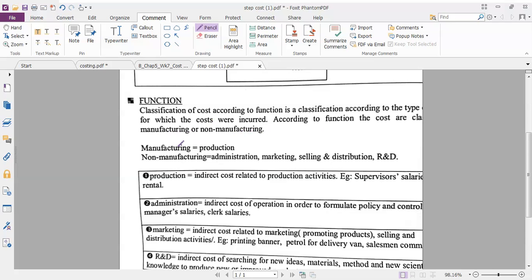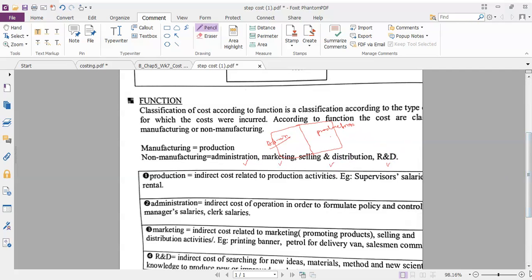Manufacturing means the department that produces the product, usually in a manufacturing company, which has a manufacturing place or production department. Then it will also have admin or non-manufacturing. Where is the product produced? In the production department. The admin department usually does administration work. Marketing, selling and distribution, and research and development about the product.